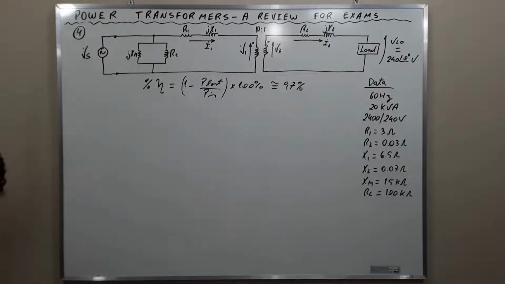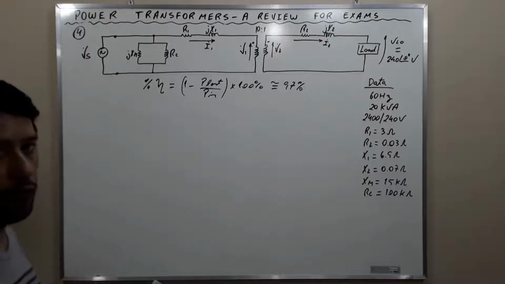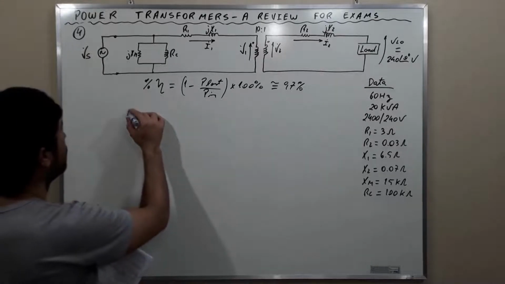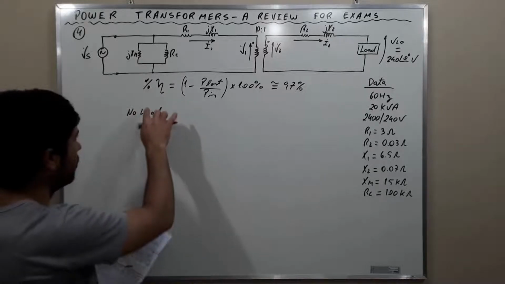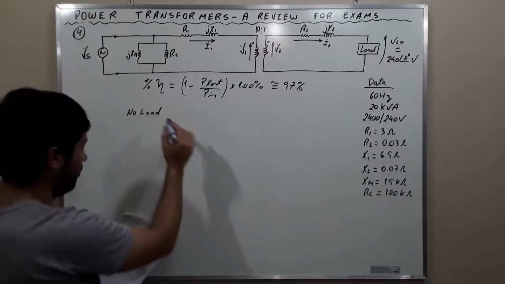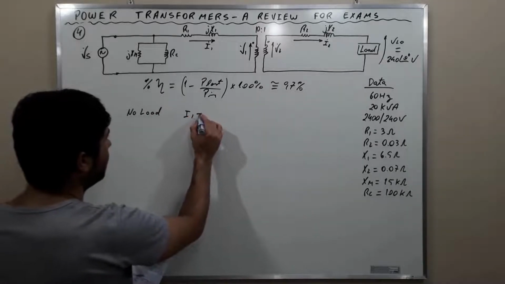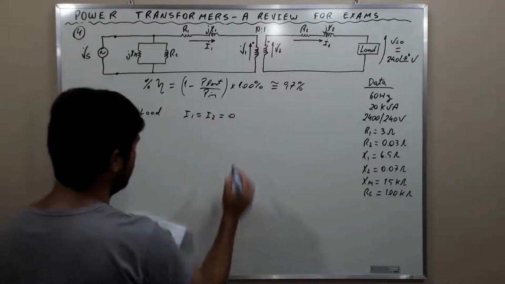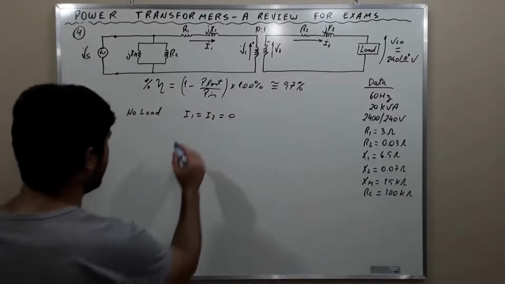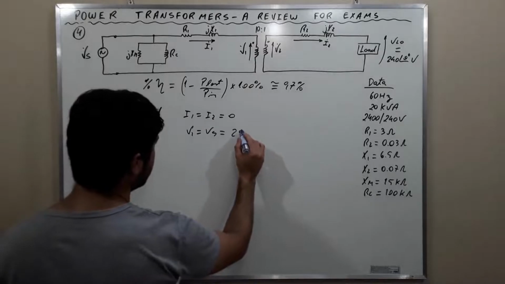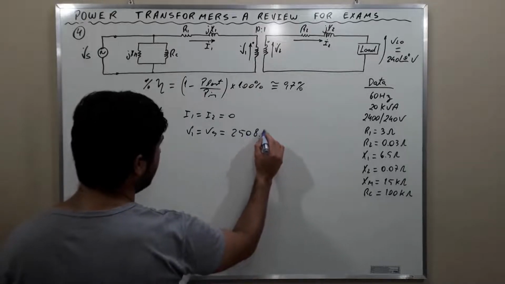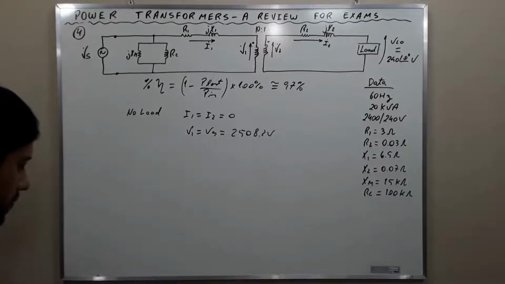Subsequently, we determine the no-load voltages to calculate the regulation. The no-load voltage is the one where I1 is equal to I2 equal to 0 amperes. And in this way, V1 is equal to Vs, which is 2508.2 volts. Okay?